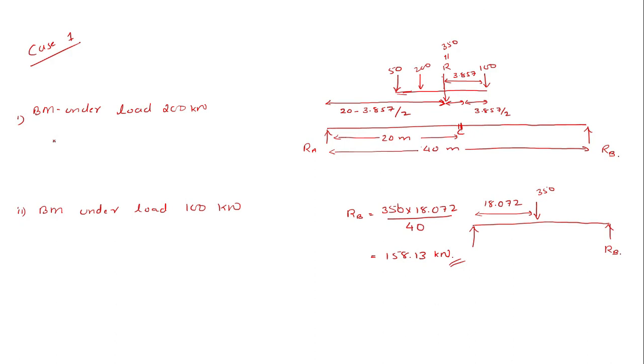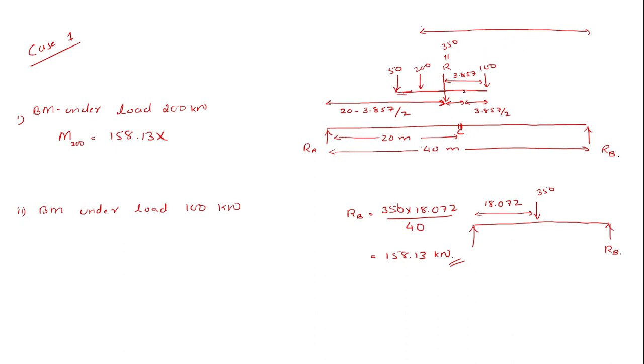Now the bending moment under load 200. I'll write here M200 to make it clear. That is equal to 158.13 multiplied by the distance between 200 and the reaction RB.